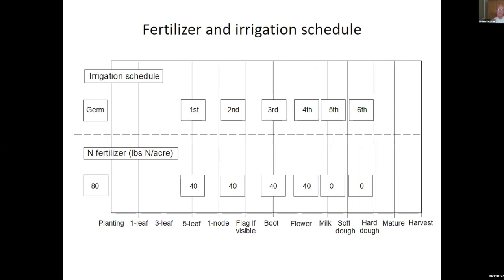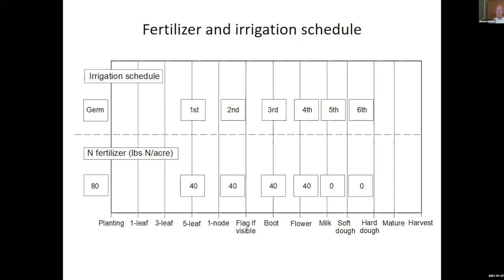There's also the fertilizer and irrigation schedules. Often we talk about the first irrigation after the germination irrigation being needed somewhere around the 4 to 6 leaf stage. It depends, of course, on soil type and whether or not you had rain.